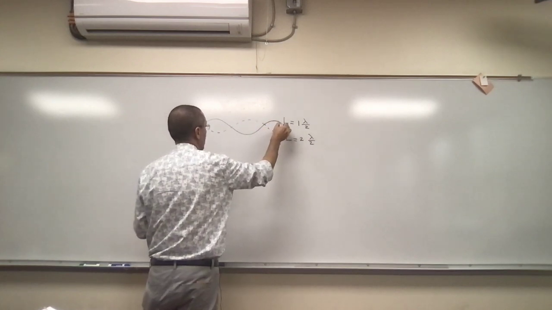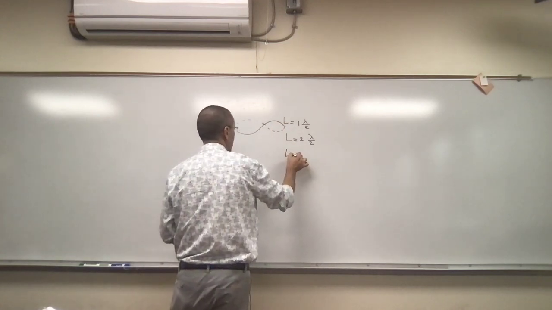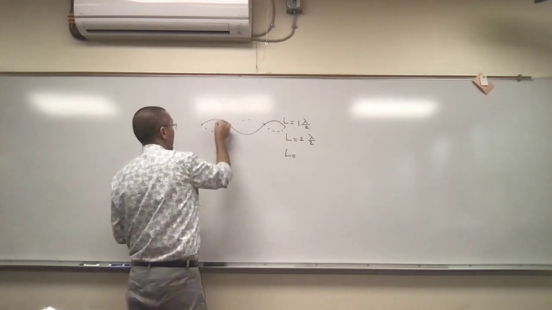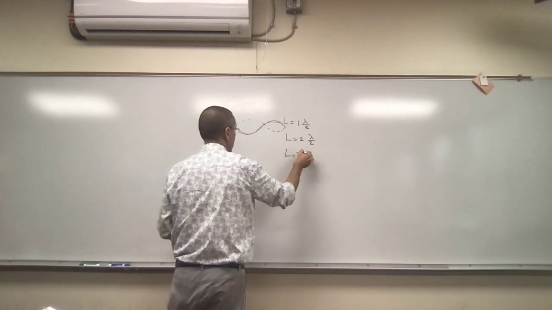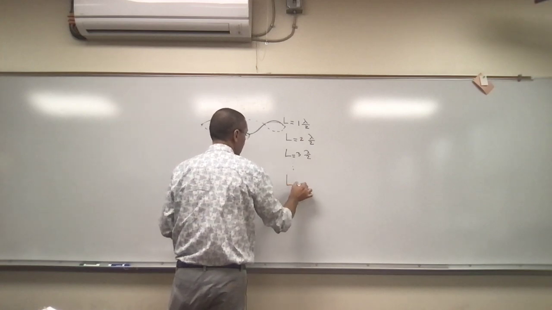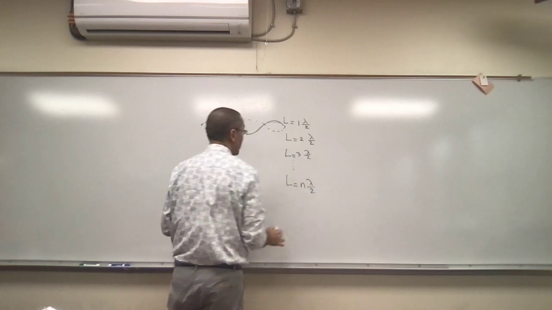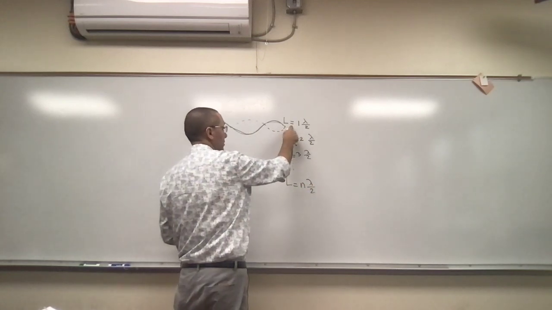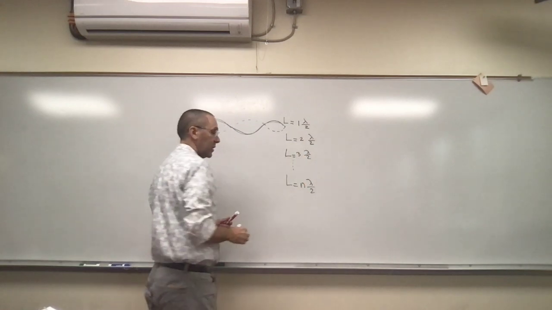Something like that, not drawn to scale by any means. So in this length of the string, I'm able to fit half, two halves, three halves. And I can continue with this pattern. So L is going to be some number n, lambda over 2. So we call this the fundamental or first harmonic, second harmonic, third, and nth harmonic.